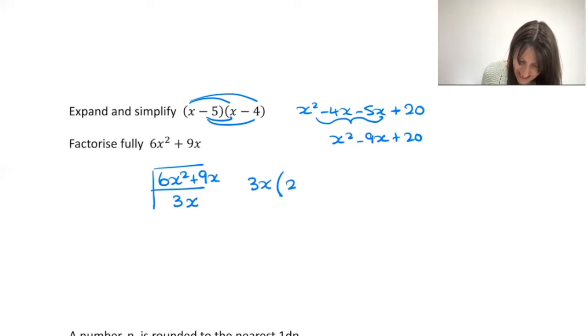I want x squared. I've got one of the x's on the outside, so the other x will go on the inside. And then I'm going to do 3s into 9, which is 3. I want just one x. It's already on the outside, so nothing else to do but close the bracket. So hopefully that's gone well.